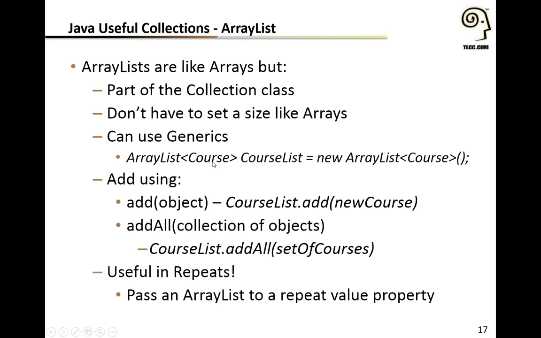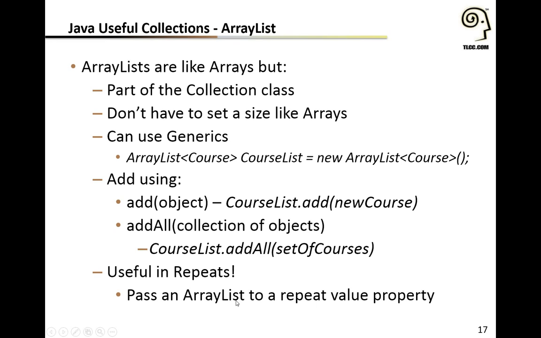Once we create the ArrayList, there's a whole bunch of methods you can look up that are available in the ArrayList class. But two that are useful for me at the moment are to add an object, so I can add a new course by saying courseList.add and pass it a course object. Or I can addAll and add a collection of courses. So that's useful, and I'll use that a lot as we move forward.